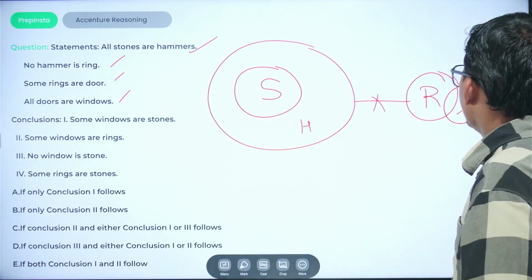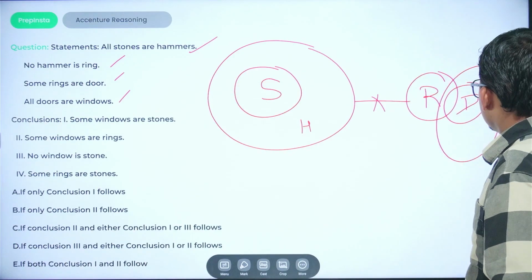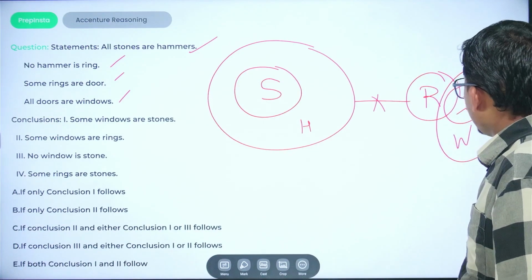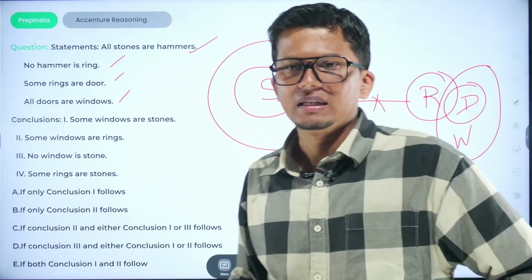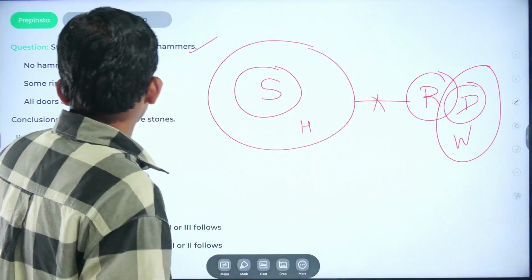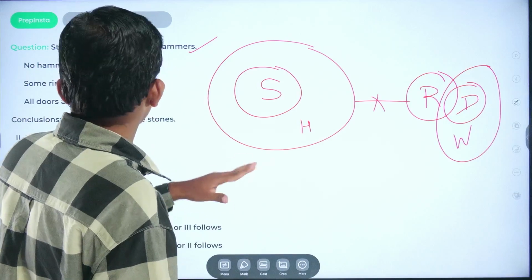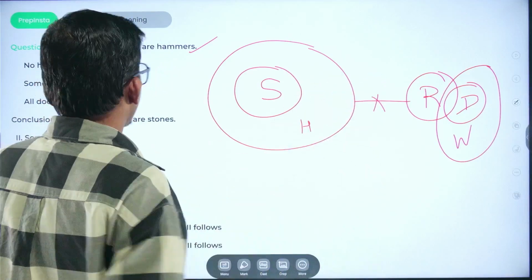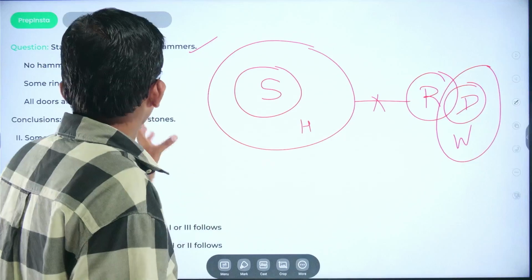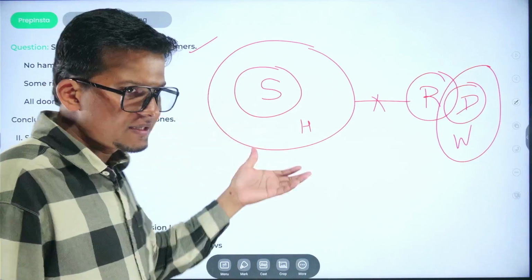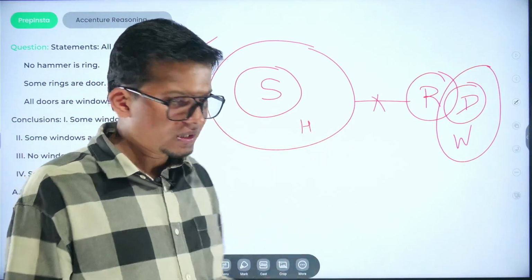All doors are windows. That means window would be outside and doors would be the internal side. Okay, so we got this particular arrangement, we got this particular set of statements.